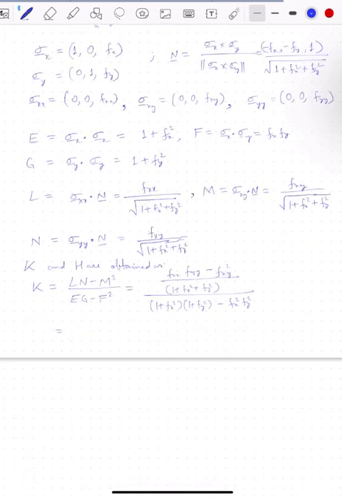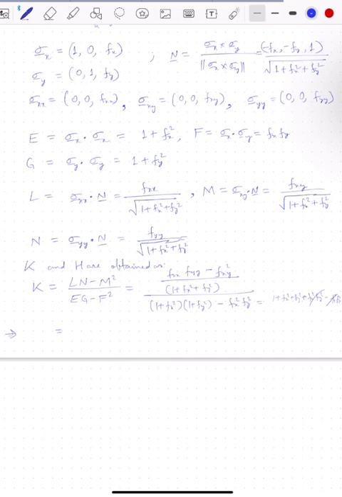So now let's only look at the denominator. So the denominator is 1 plus fx squared plus fy squared plus fx squared fy squared minus fx squared fy squared. So this cancels out. So 1 plus fx squared plus fy squared.